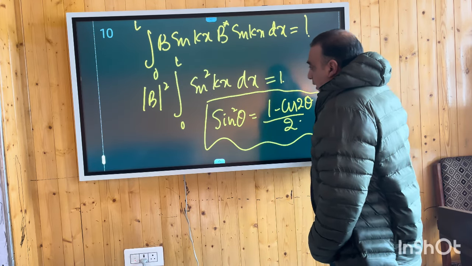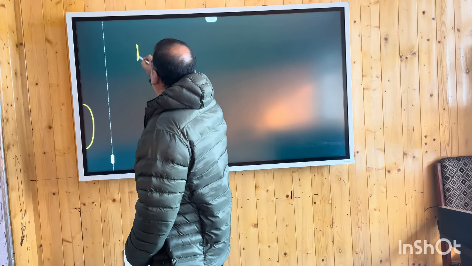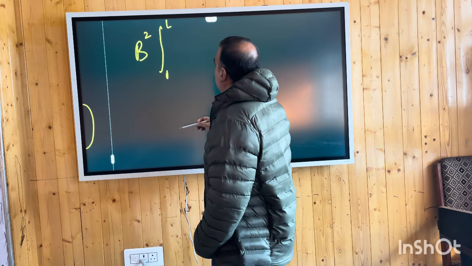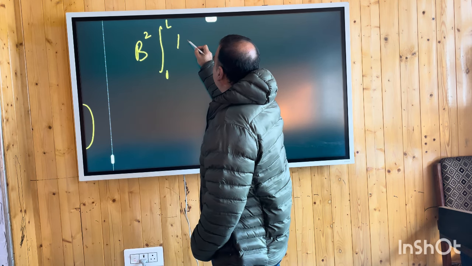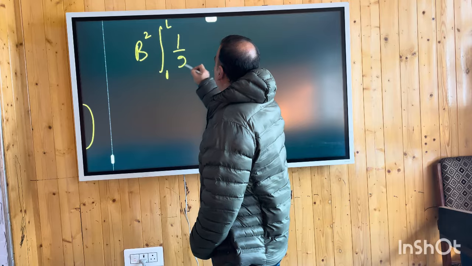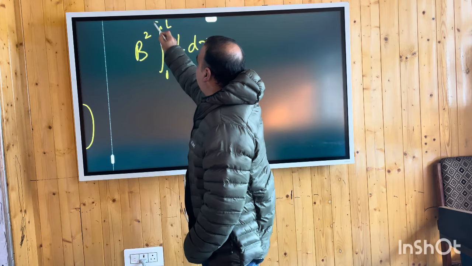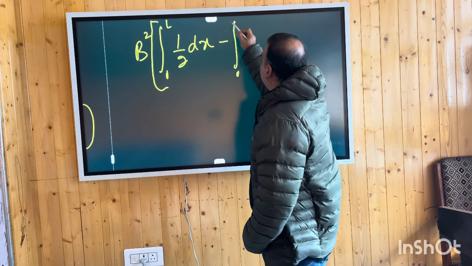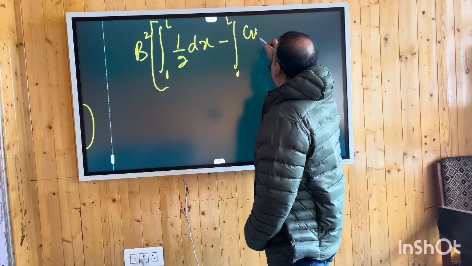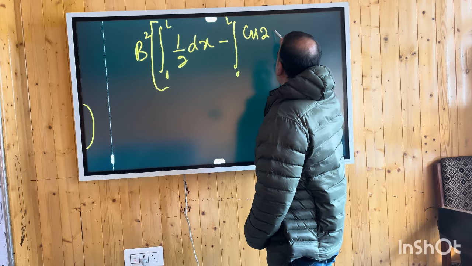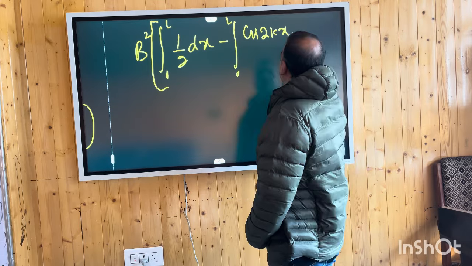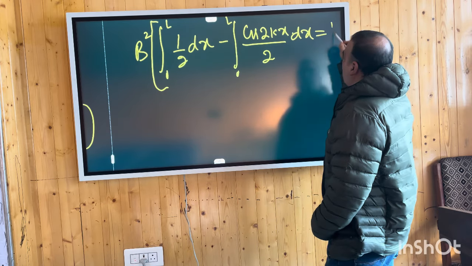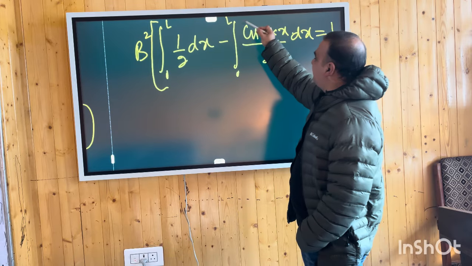So we will have b squared, and then the integral from 0 to L of 1 by 2 dx. I'll keep a long bracket outside. I'll split it, minus the integral from 0 to L of cosine of 2kx by 2 dx. And this thing must be equal to 1. You can resolve this integral very simply.